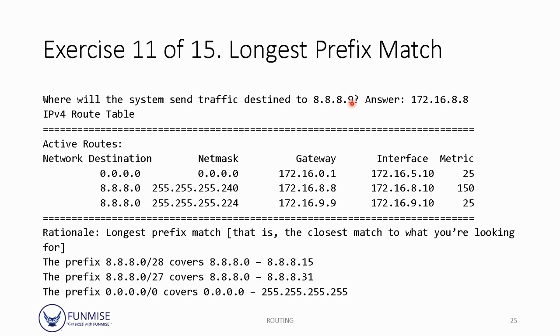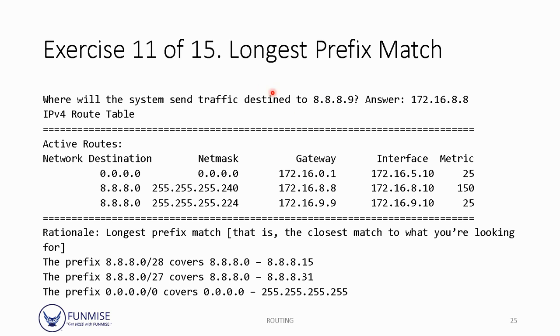So 8.8.8.9 also falls within this one. This one, the prefix 0.0.0.0/0, covers 0.0.0.0 through 255.255.255.255, which is referring to this one here. So that actually means that all of these could go to this particular destination.